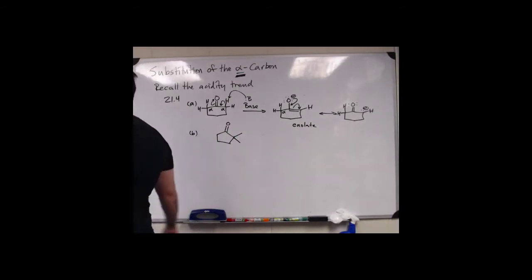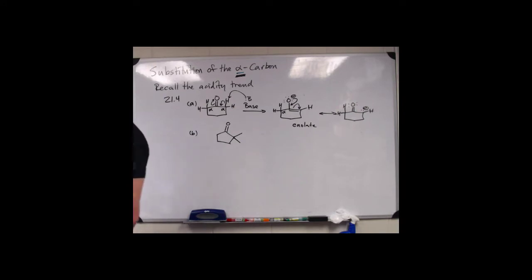So given this ketone, as fast as you can in the chat function, how many alpha carbons does it have that are bearing hydrogens? All right, all right, all right. Seems like one is the winner.